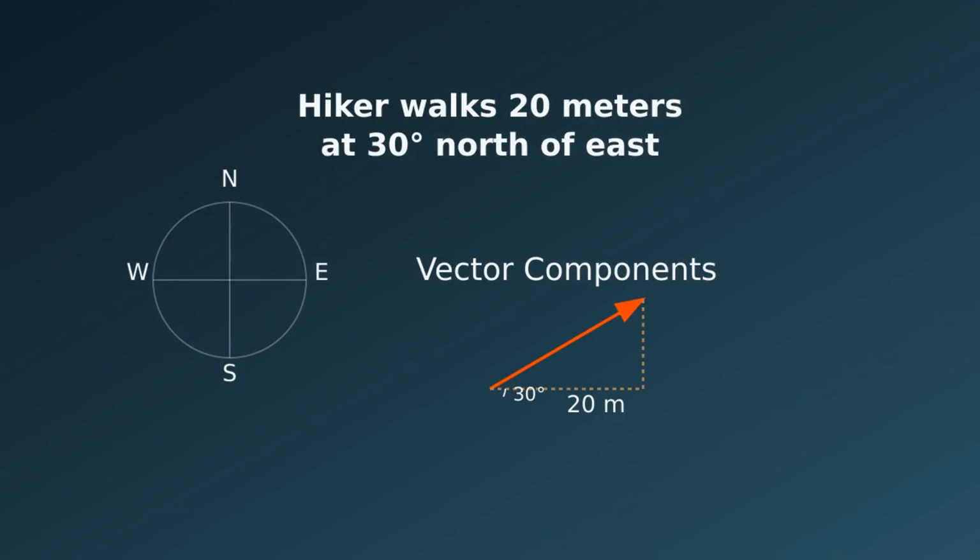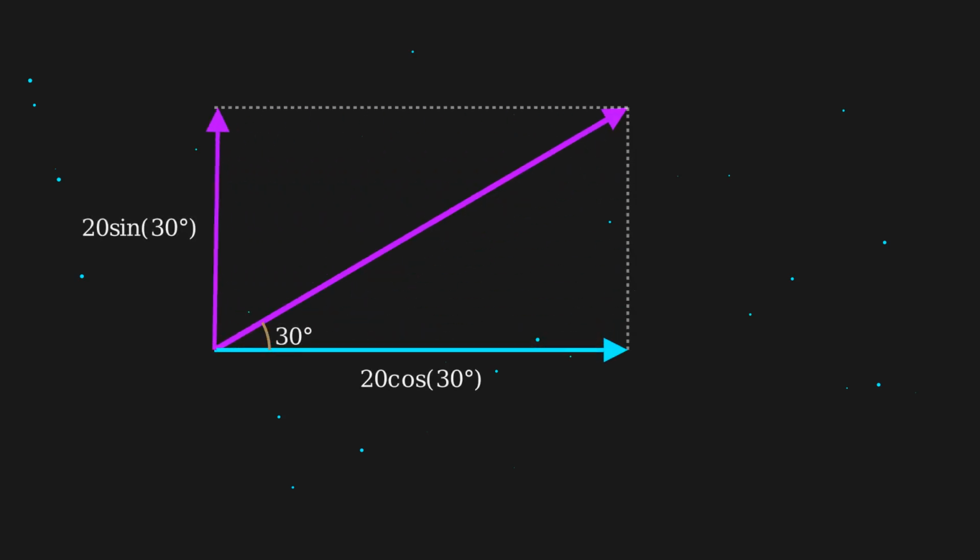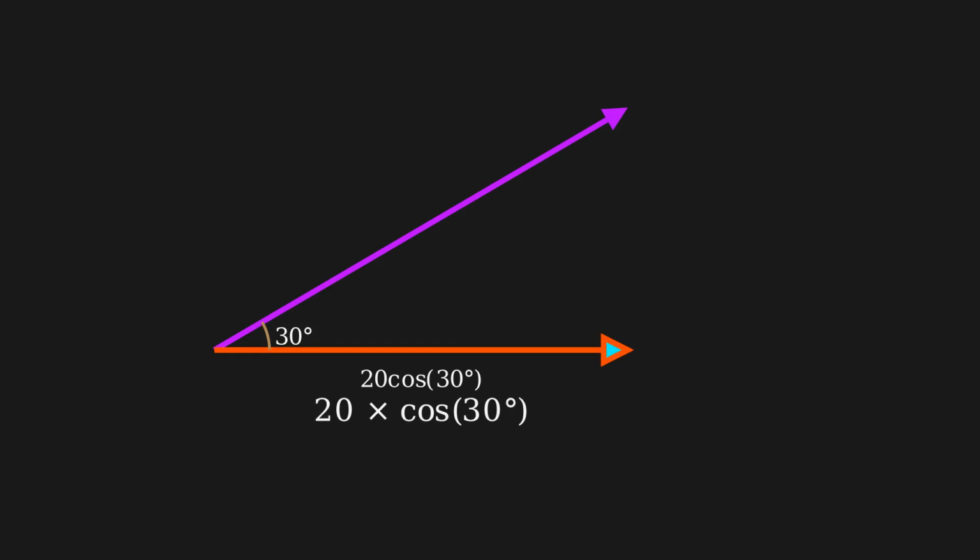Let's try it with a real example. A hiker walks 20 meters at 30 degrees north of east. What are the x and y components of this displacement? Magnitude, 20. Angle, 30 degrees. The x component is 20 cosine 30.